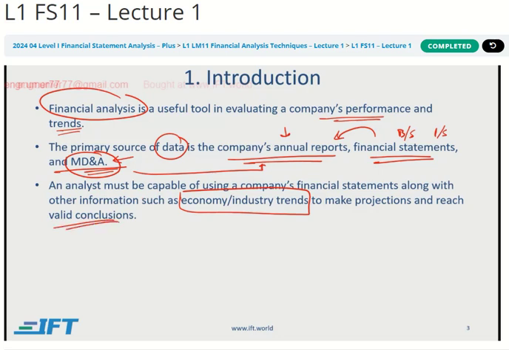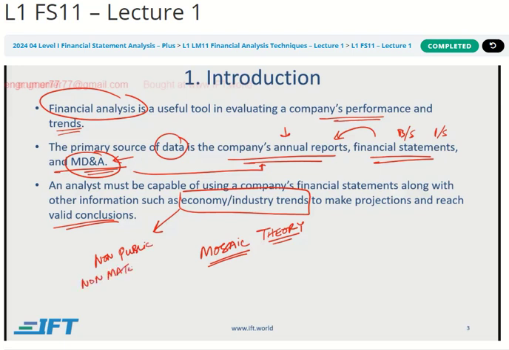And you know something, if you've already covered the ethics portion, then you've probably studied something called the Mosaic theory, right? What the Mosaic theory says is that you can take non-public information which is non-material.